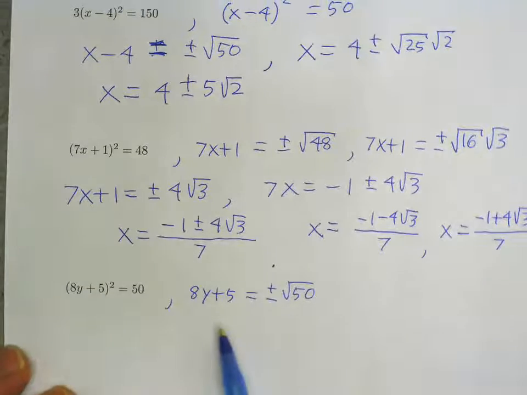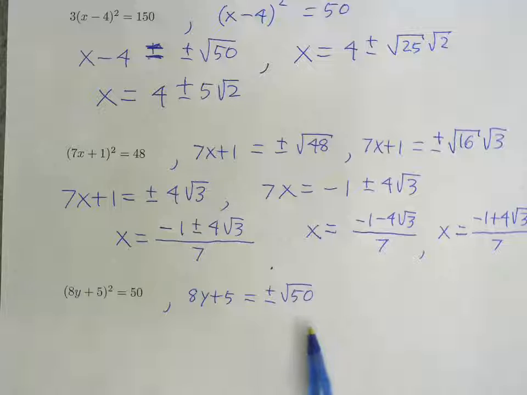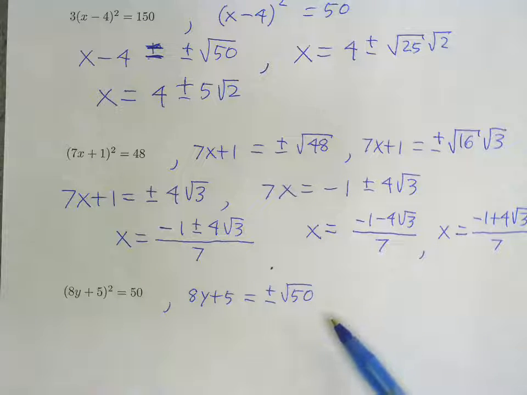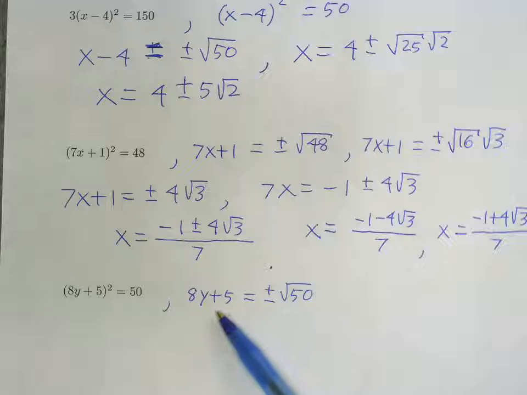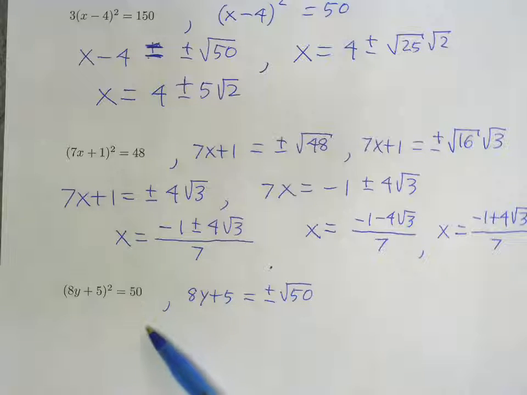Just solve for y. We have three things, in effect, left to do. We have to simplify the square root of 50. We have to subtract 5 from both sides. And then we have to divide every term on both sides by 8.